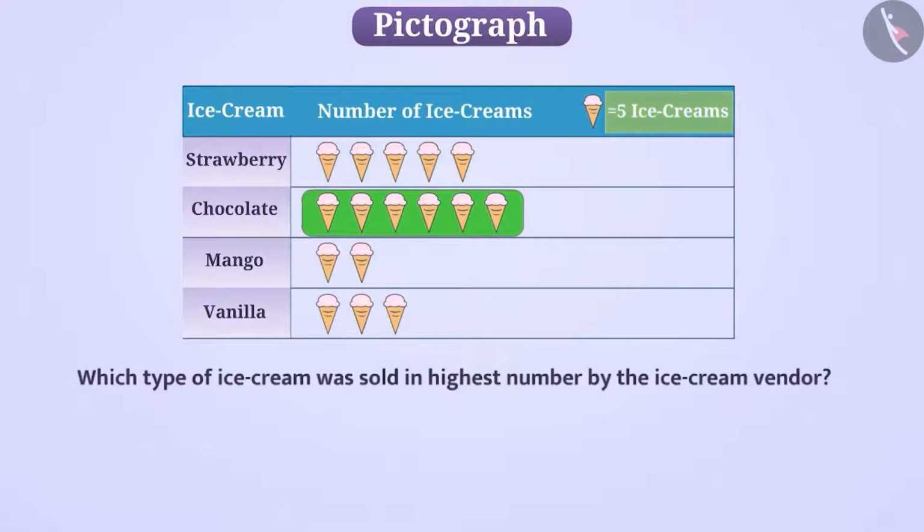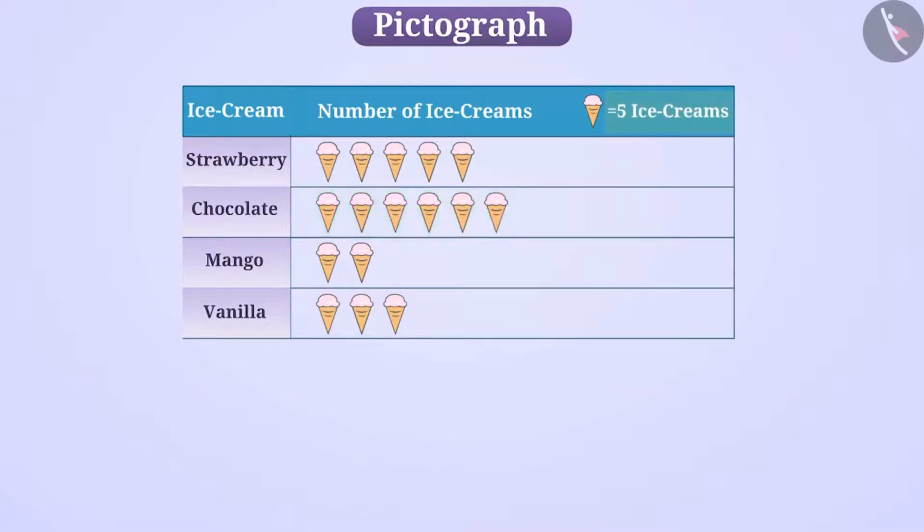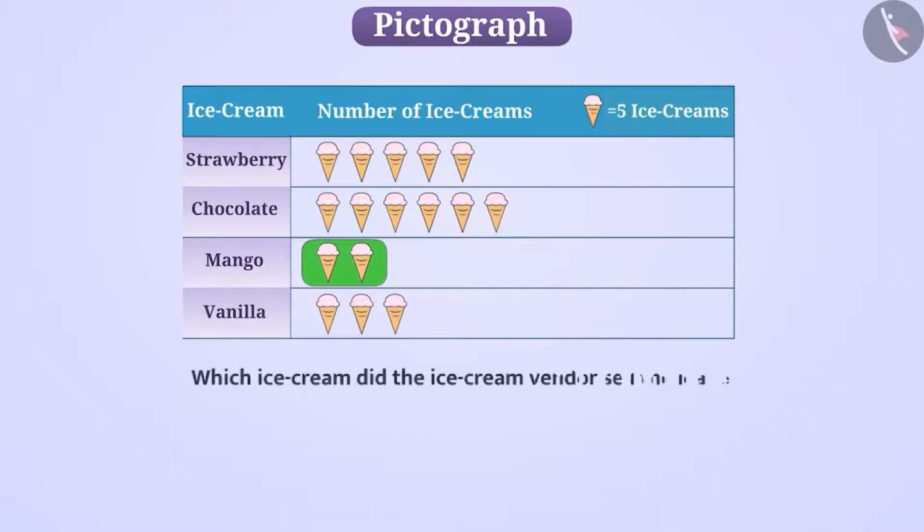From this, one gets to know that the ice cream vendor sold the chocolate ice cream the most. Similarly, here we also see that the least number of images are drawn in the row of mango ice cream. So, we can say that the ice cream vendor sold the mango ice cream the least.